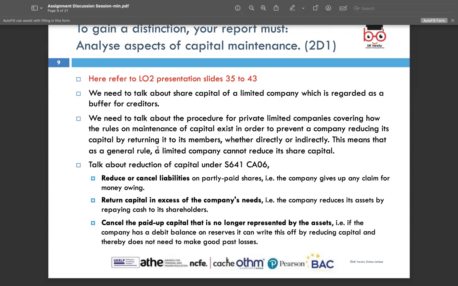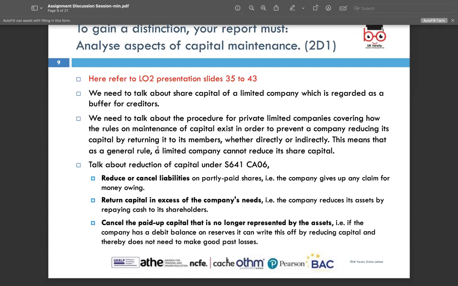Discuss how share capital acts as a buffer for creditors, ensuring that companies maintain a certain level of financial stability. Then rules on capital maintenance, preventing capital reductions: explain the rules preventing companies from reducing their capital by returning it to their members directly or indirectly.